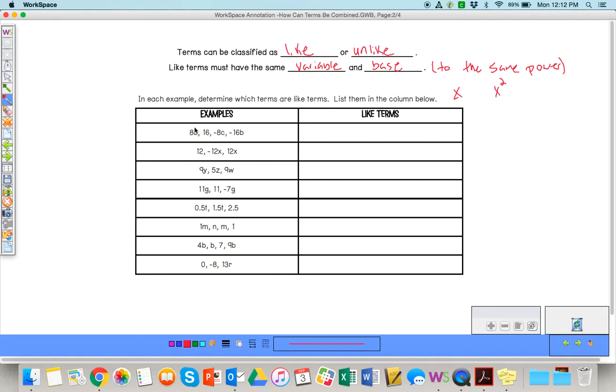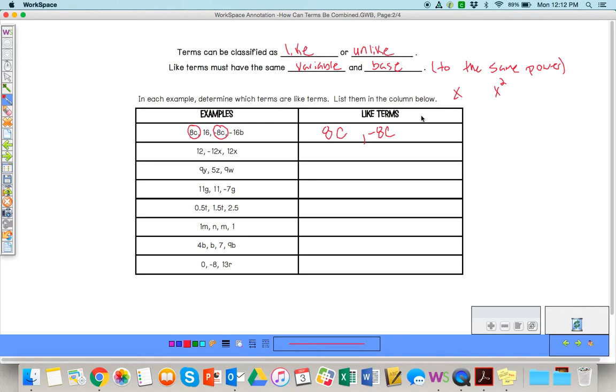So in this particular one, we have 8c and -8c. Okay, because the most important thing is, do they have the same letter attached to it? Okay, it doesn't matter if they have the same number.